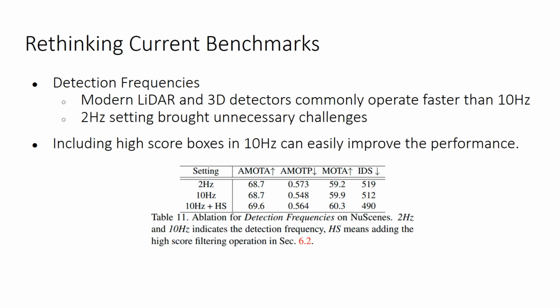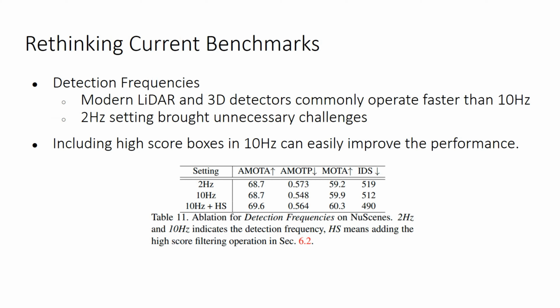So we also try to include the high score boxes at 10 Hz, because if we use bounding boxes with too low a score, it will make the evaluation on the 2 Hz keyframes drop. But setting a threshold such as 0.5 and combining this with the 10 Hz detection, we can improve the MOTA by 1 point and AMOTA by 1 point.